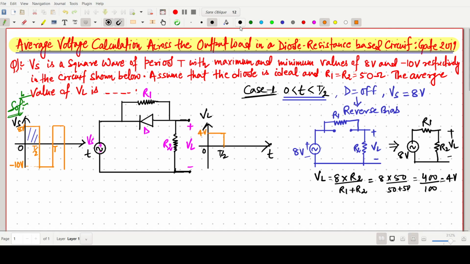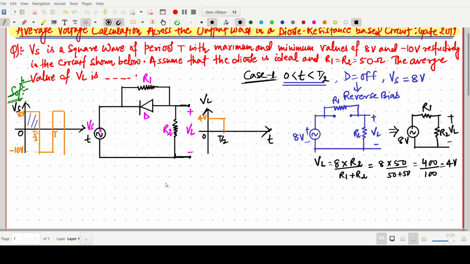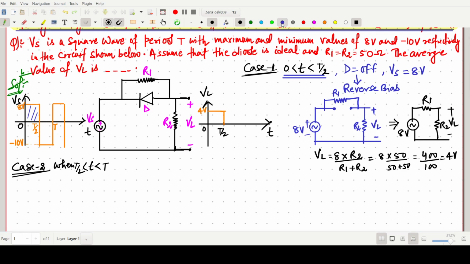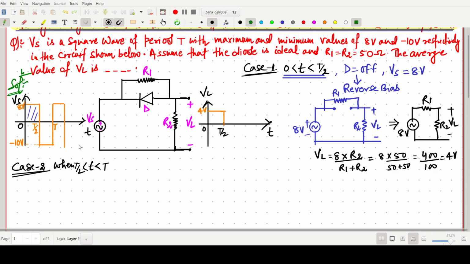Now we have to consider case 2, when time varies from T by 2 to T, this region.